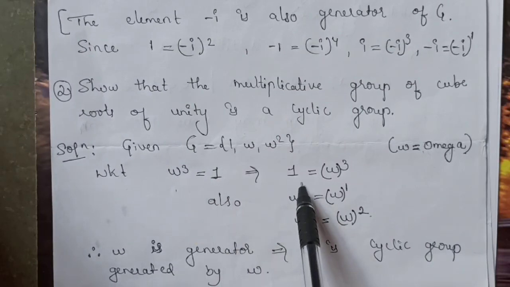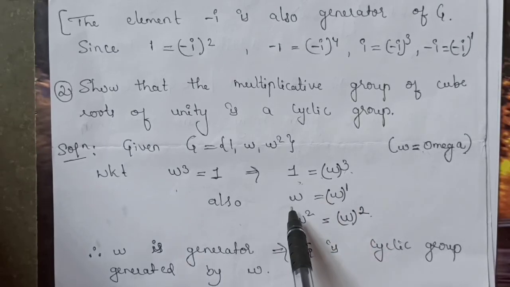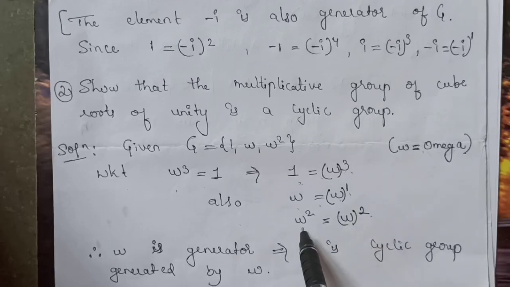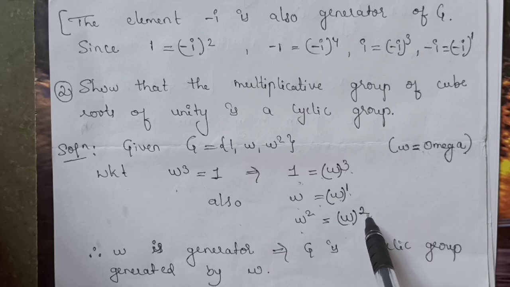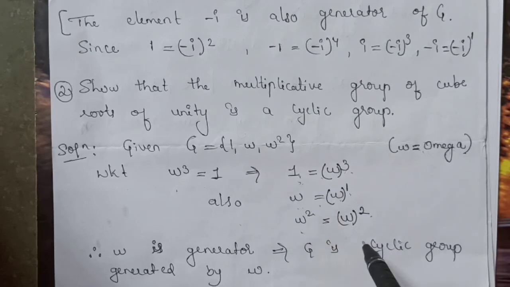Now 1 can be written as omega cube, because omega cube equals 1. Also omega can be written as omega power 1, and omega square can be written as omega into omega, that is omega power 2. So all the elements 1, omega and omega square are written in the form omega cube, omega power 1 and omega power 2. Therefore omega is the generator. Therefore G is a cyclic group generated by omega.